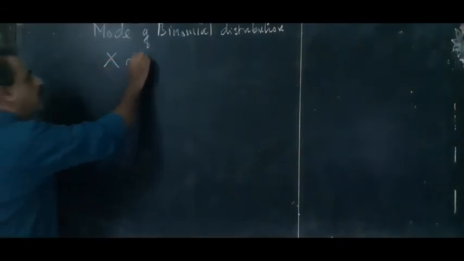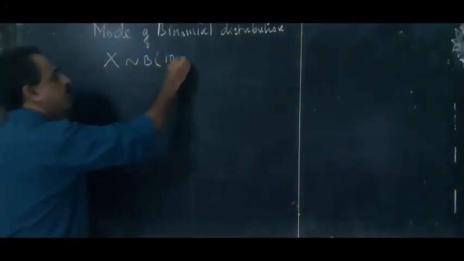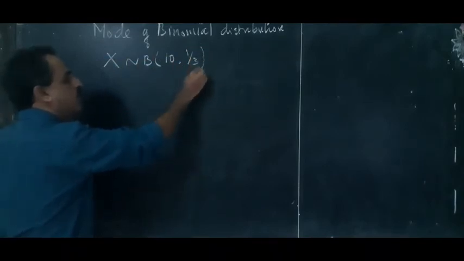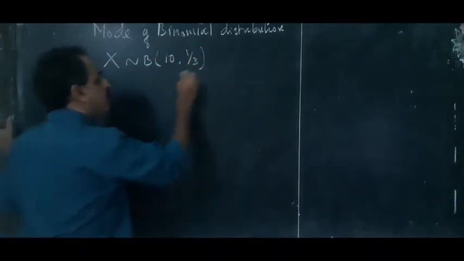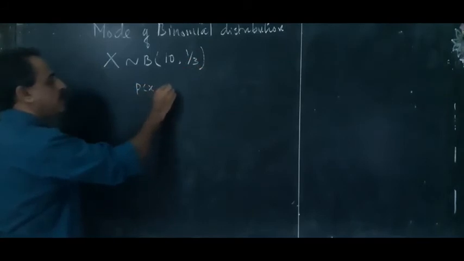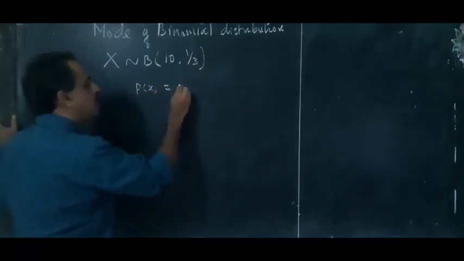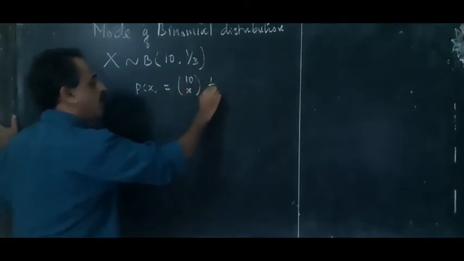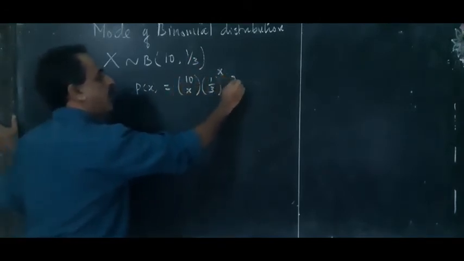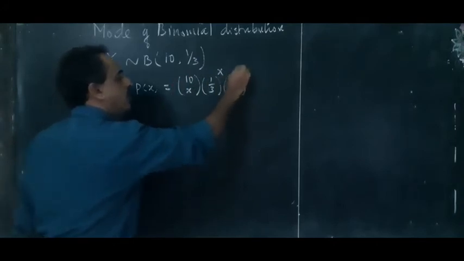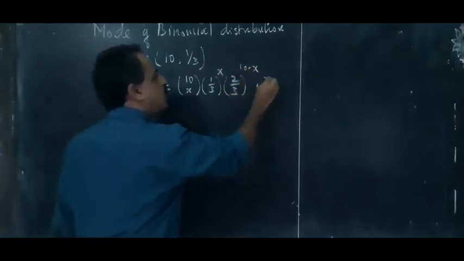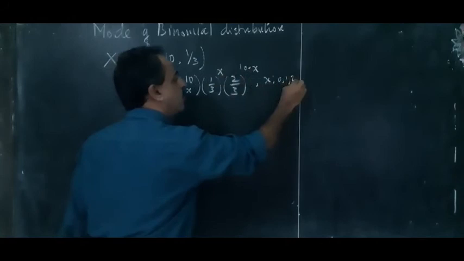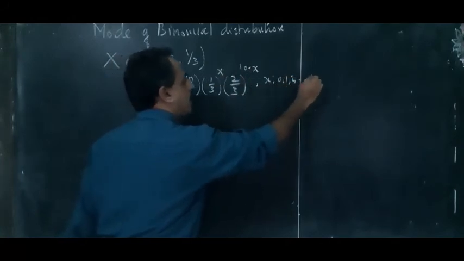Consider a random variable X following a binomial distribution with the number of trials 10 and the probability of success 1/3. So its probability equation is P(X = x) = 10Cx (1/3)^x (2/3)^(10−x), for x = 0, 1, 2, etc., up to 10.